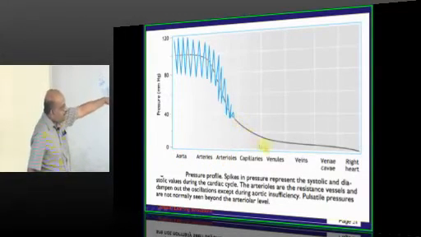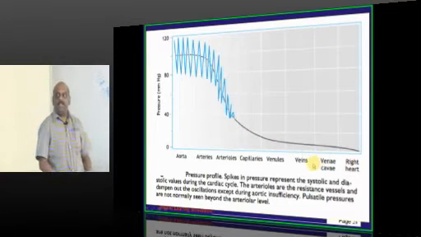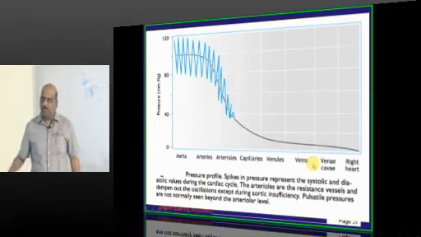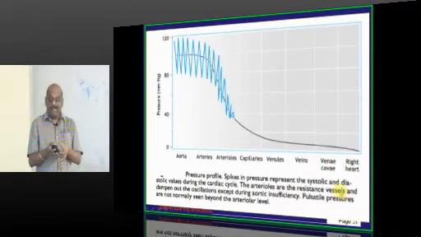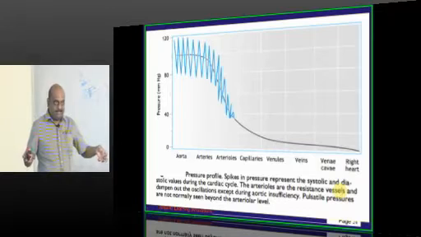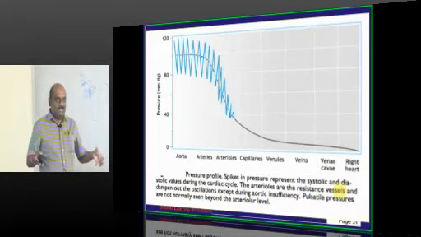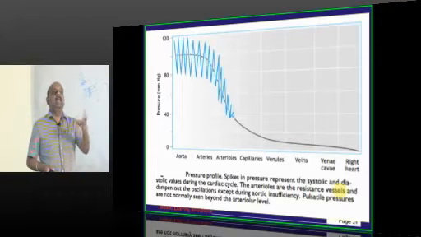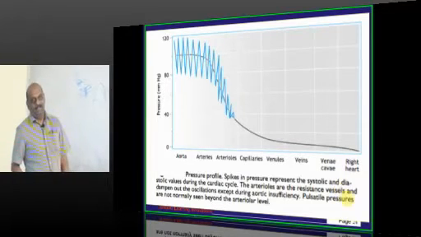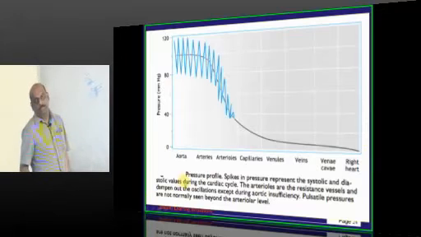Wherever the blood is passing through the capillaries, drastically the pressure will fall down, and ultimately the veins and vena cava, because they are dilated, distensible, compliant, they will accommodate the blood without any rise of pressure. That is what you need to appreciate.